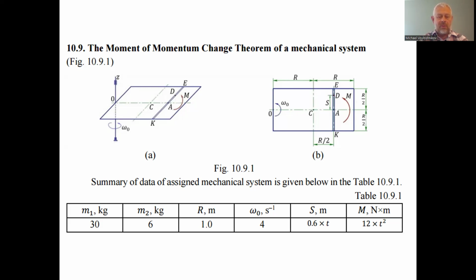But as well, we have the concept of the moment of momentum, which is a kinematic characteristic of the motion of the massive bodies of the mechanical system consisting of separate elements, or of continuous bodies in motion with rotation.